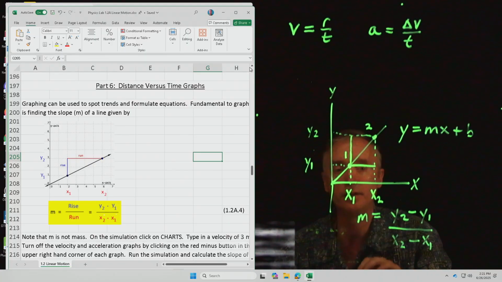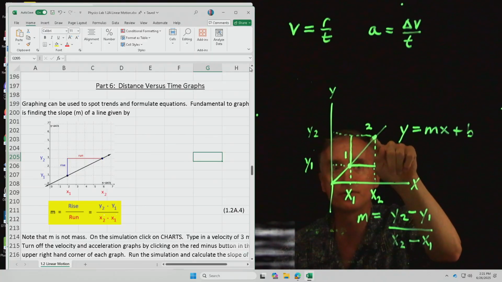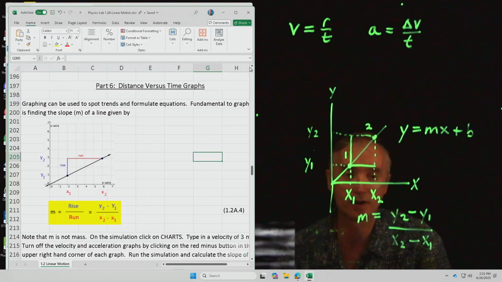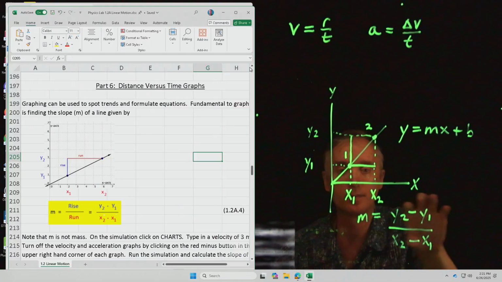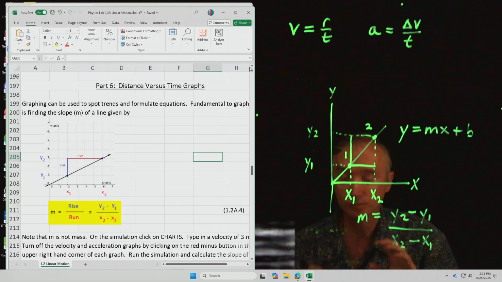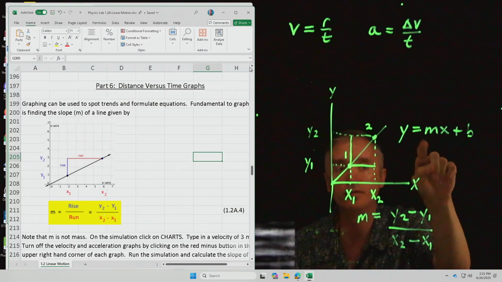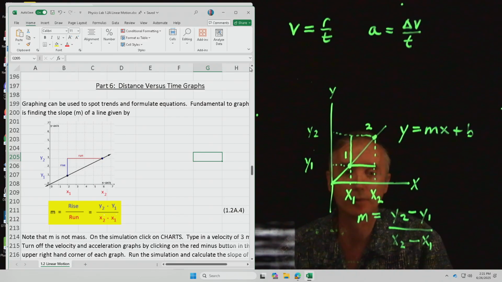So it's final minus initial. Your final position minus the initial position is the distance that you travel. And so this is going to be our formula for slope. It's going to be really important, so that scientists, when they graph their data, try to make it look like a straight line so then they can figure out the formula that relates the data.